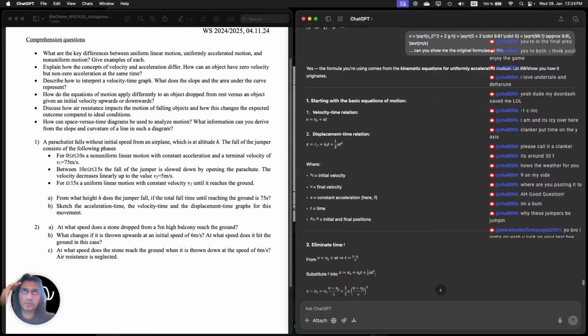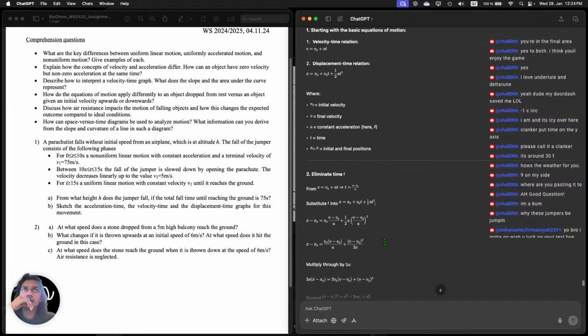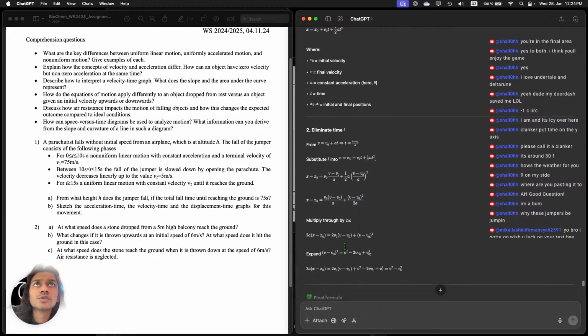x is equal to x0 plus, oh, that's the real displacement time. Now from that, v equals v0 plus at, so t equals v minus v0 by a. Substitute t into x. You substitute that in, it's gonna be cancelled. x minus x0 equals v0 v, and multiply by 2a.